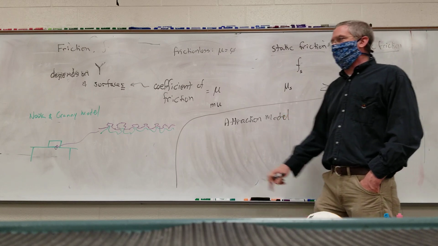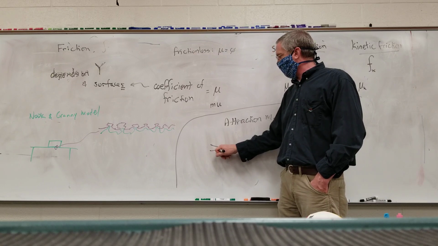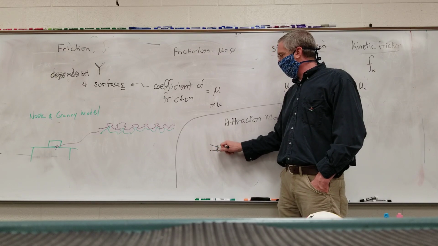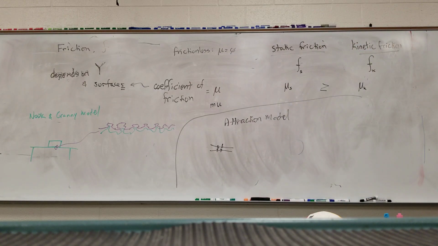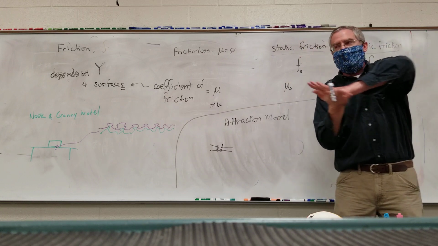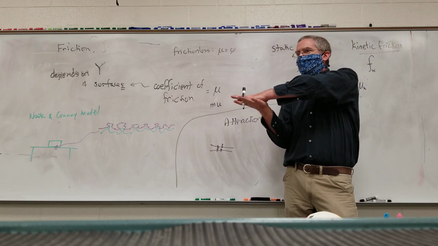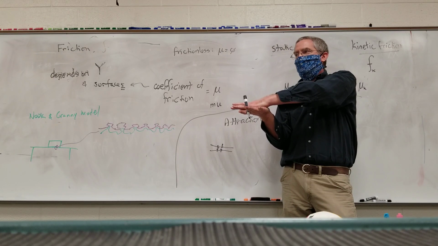The attraction model is, if we zoom in there, we don't have to worry about nooks and crannies. What we worry about is the fact that there are bonds forming between the atoms in the book and the table. And when you have a greater normal force on it, the atoms are closer together and they form a stronger bond. And so you're trying to break the bond.